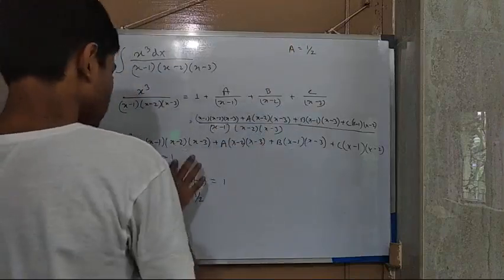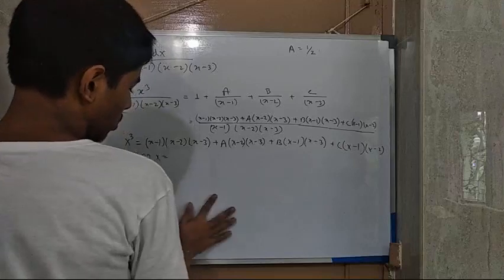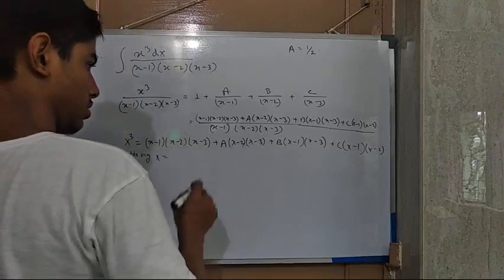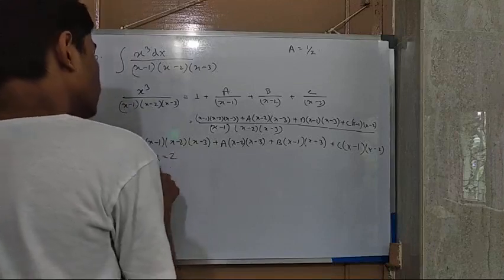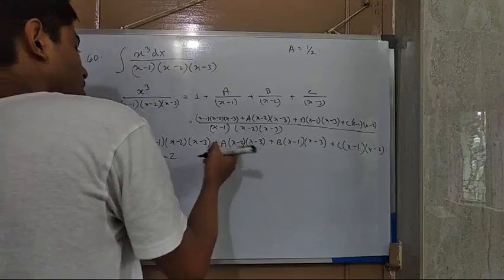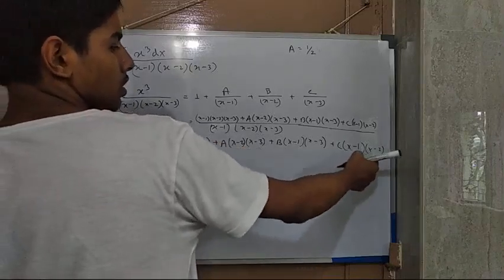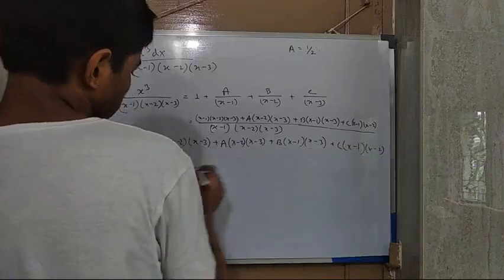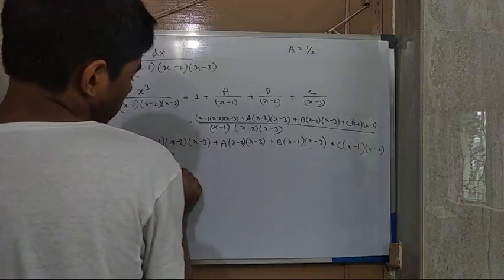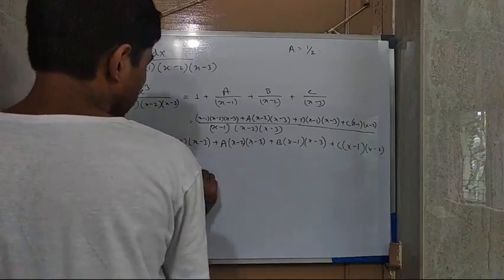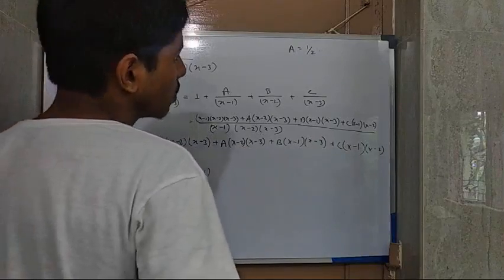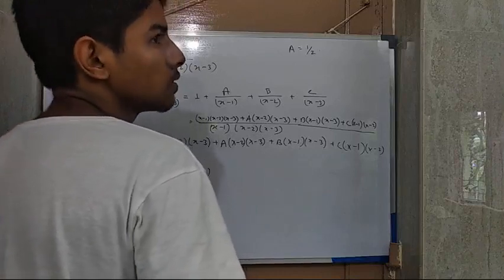Now put x is equal to 2. So this term and this term will become 0 and b will become b times 1 times minus 1, since 2 minus 3 is minus 1.